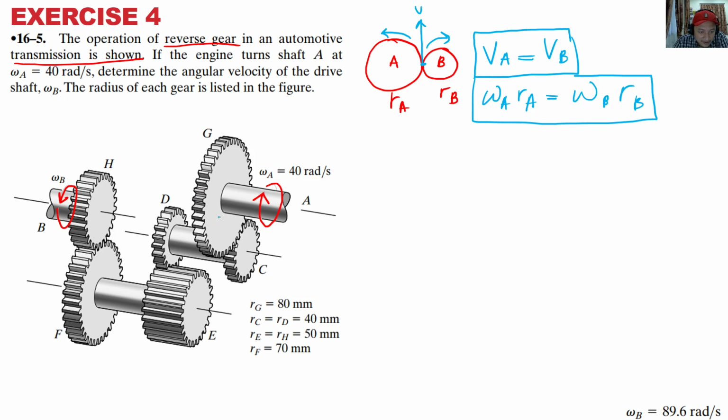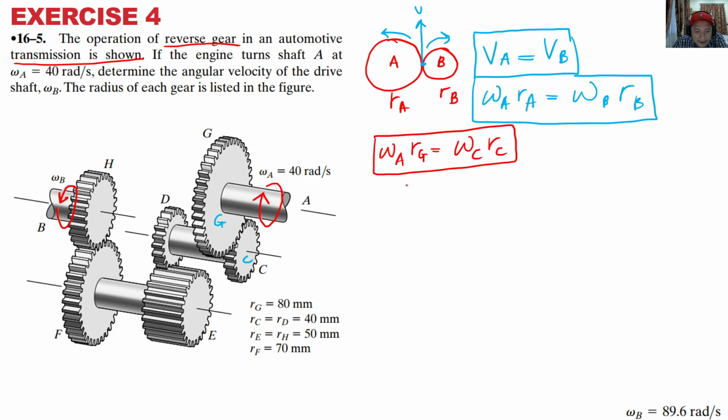You gotta do it step by step. You have to do it for G and C first. Okay, so let's try a couple. Omega A RG equals omega C RC. This is the first coupling.